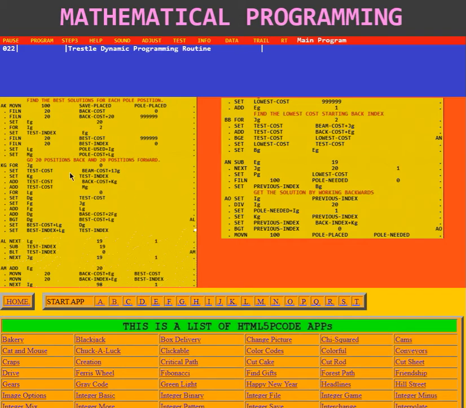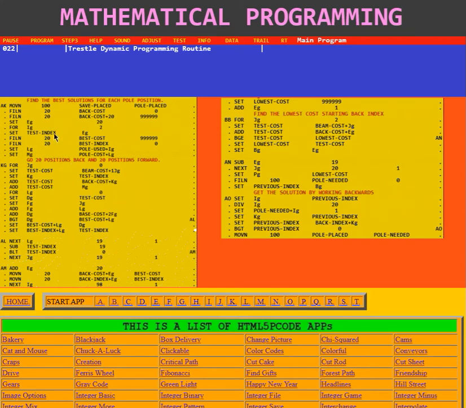We're going to set our test cost here to the beam cost for going back that distance. And each time that's going to increase because JG is going to increase and be a stronger beam. Then it sets KG to the test index.